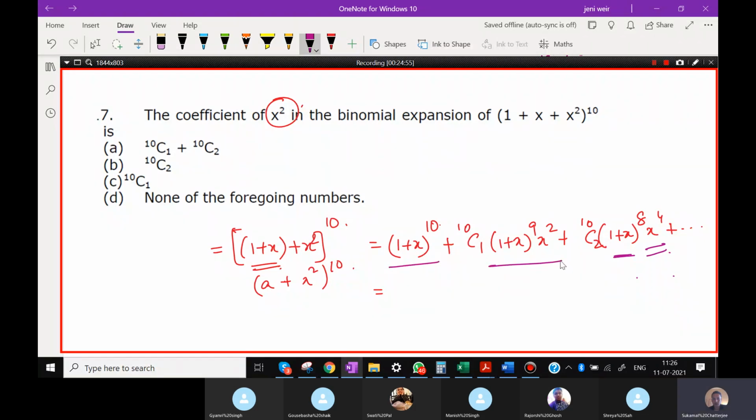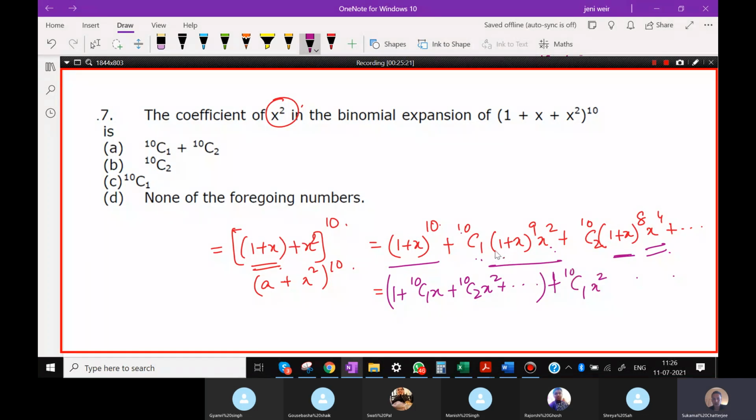So the x squared terms will happen only here, and here. If you expand this, you'll get 1 plus 10c1x plus 10c2x squared plus other terms. And if you expand this, you will get 10c1x squared into 1 plus 10c1x squared.